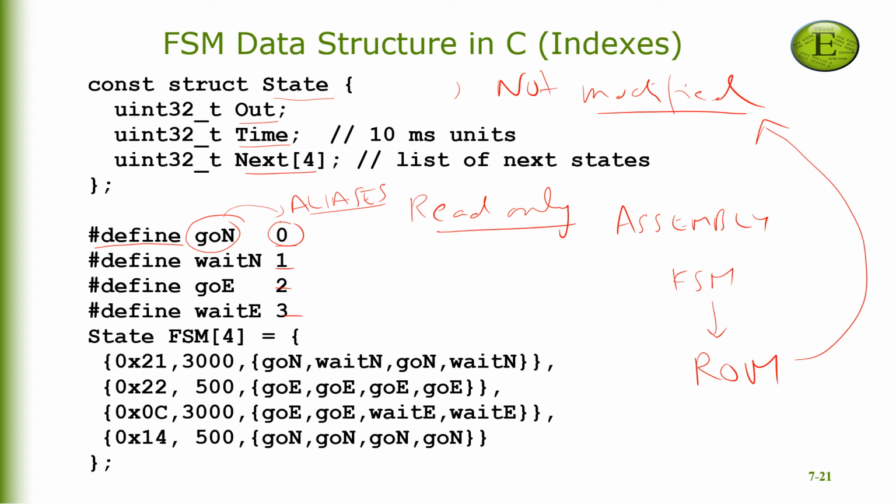Likewise, wait N and 1 are aliases, meaning that if I write wait N, it actually means 1. If I write go E, this actually means 2, and wait E means 3.